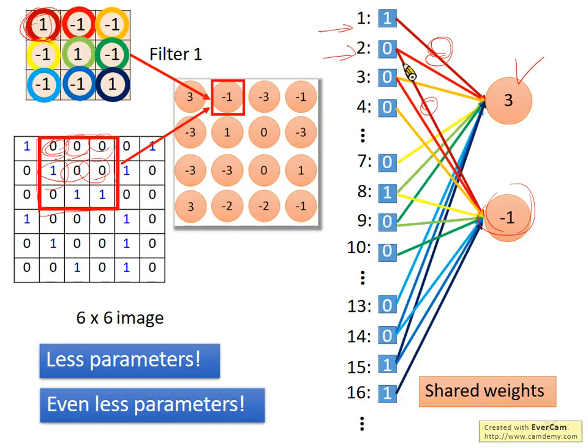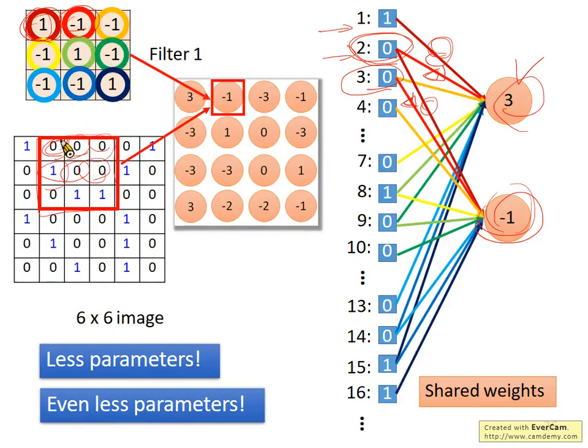The parameter connecting the second pixel to the first node and the parameter connecting the third pixel to the second node are also the same. We mark them in red here, and both correspond to -1.